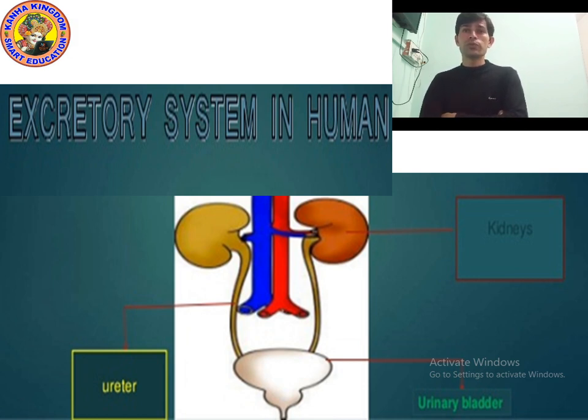Useful substances are sent back, and the unuseful ones are separated here. These waste substances are removed from the body in the form of a liquid called urine, which passes through the two tubes called ureters and is collected in the urinary bladder.